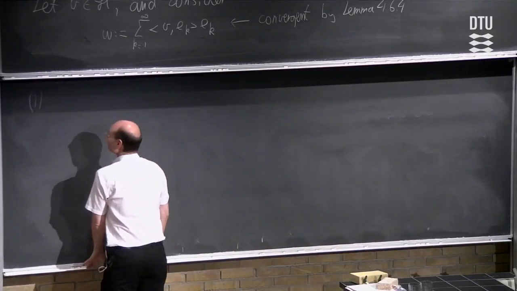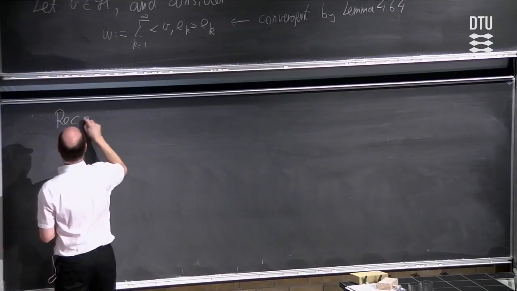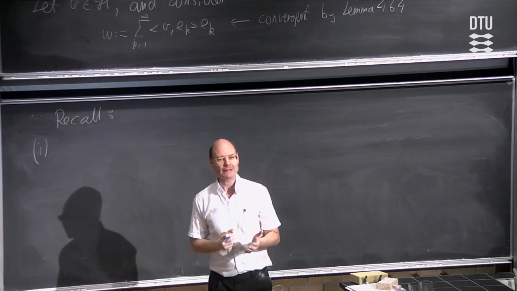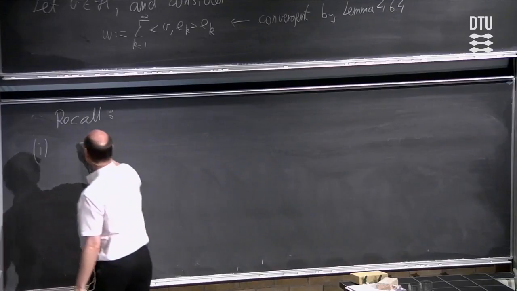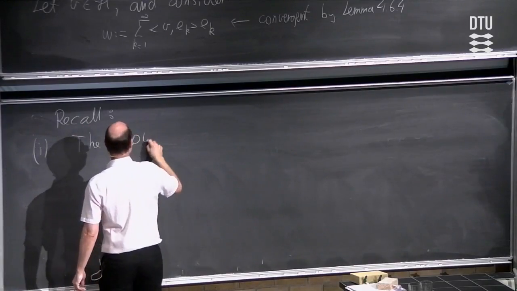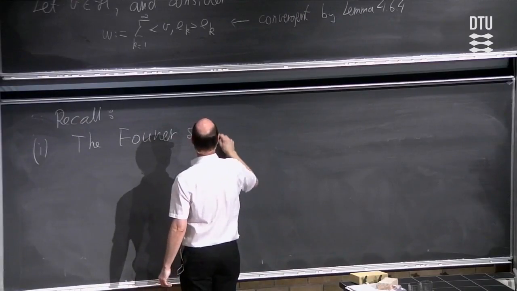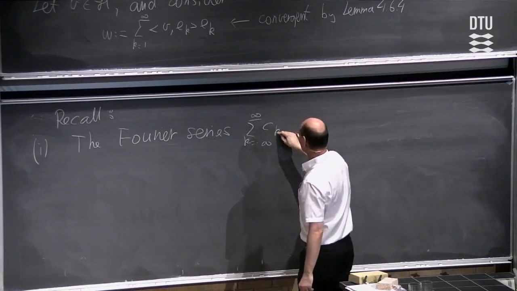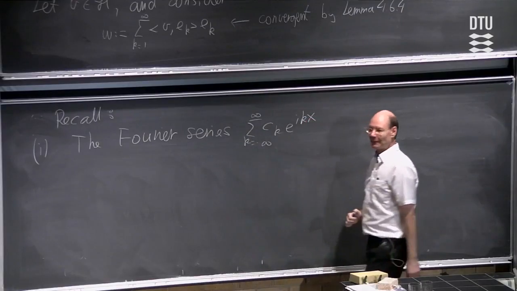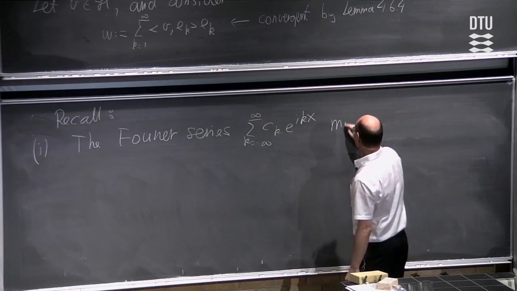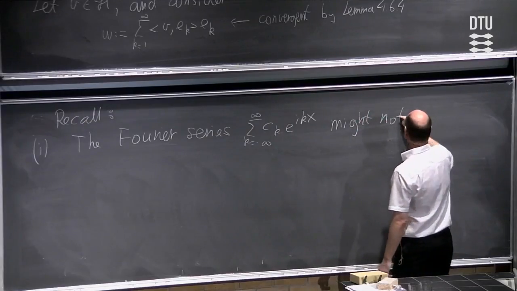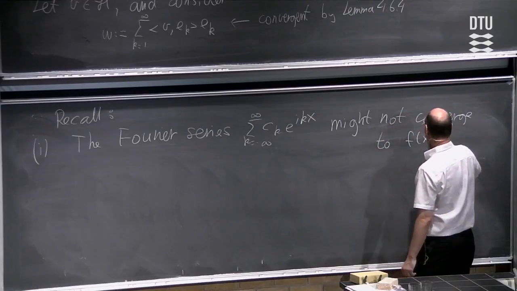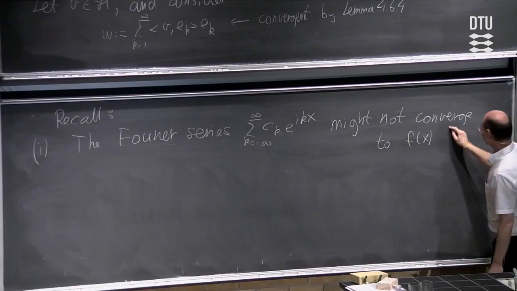So what we remember first of all is that the Fourier series might not converge to the function itself. So the Fourier series, the sum from k equal to minus infinity to infinity, ck e to the I k x, might not converge to this pointwise value f of x for all x.